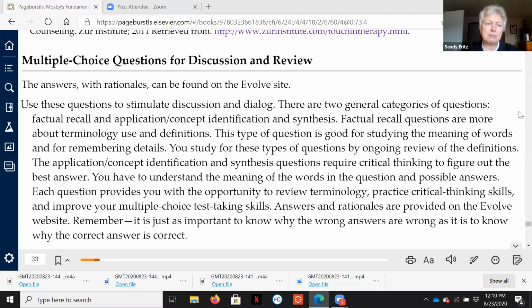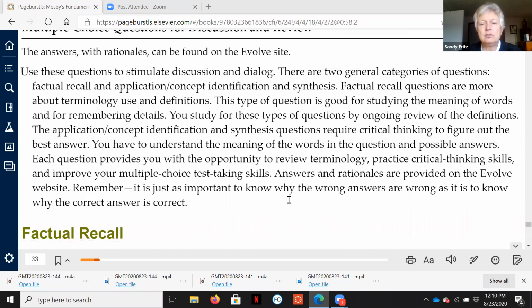The MBLEX exam primarily seems to use application concept identification, but the fact-based questions are good for reinforcing the vocabulary. Now, the answers and rationales are provided on the Evolve website under content updates.